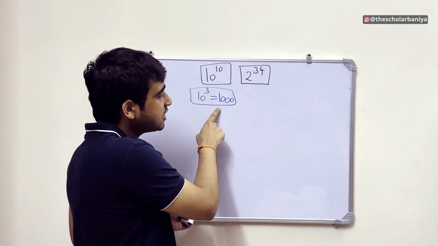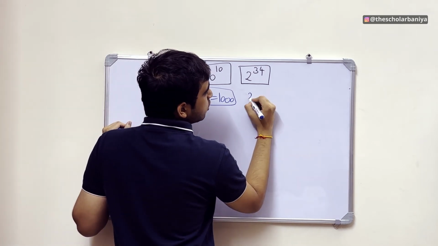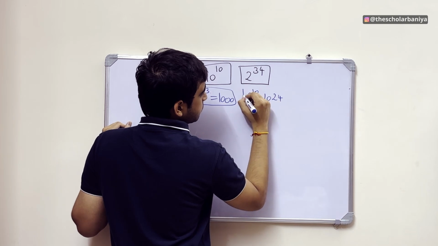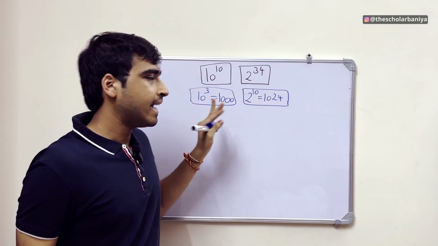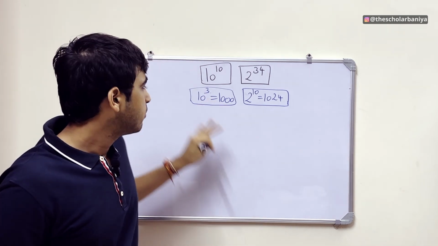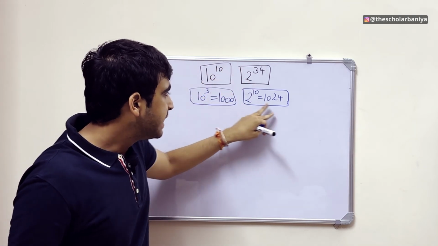So 1024 is very close to 1000. So 2 to the power 10 is equal to 1024, right? So any such question you encounter, you have to first think of some number in the form of power of this and this, which are very close to each other.